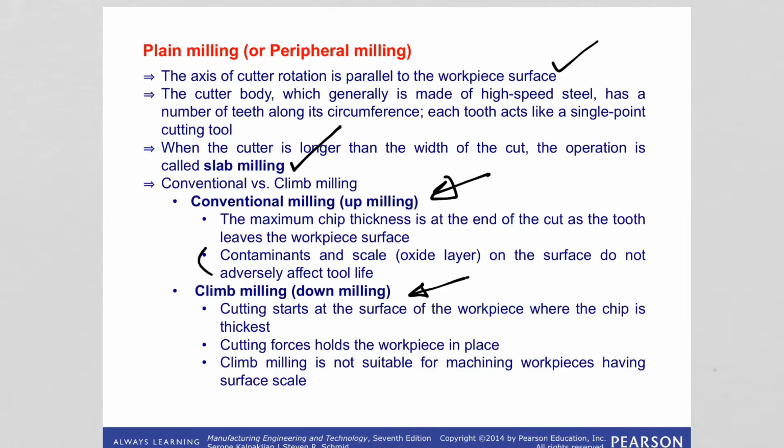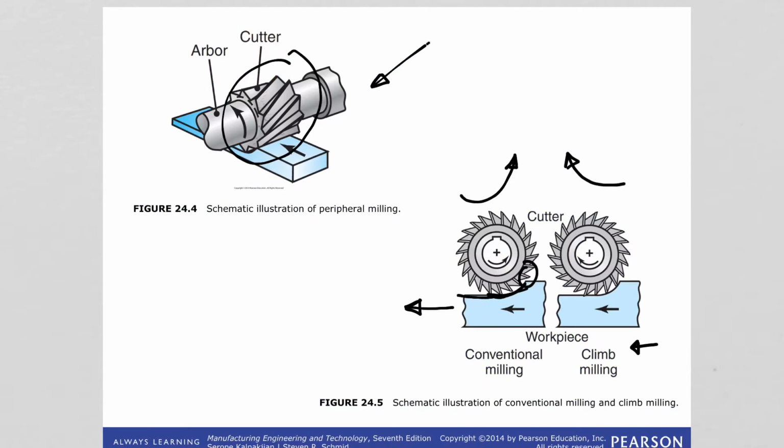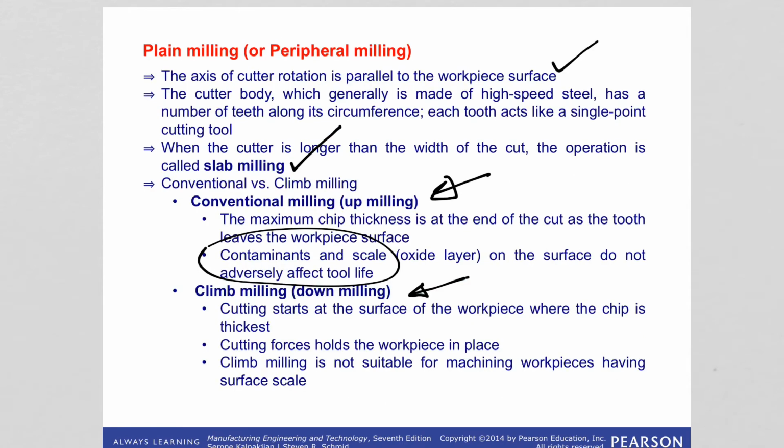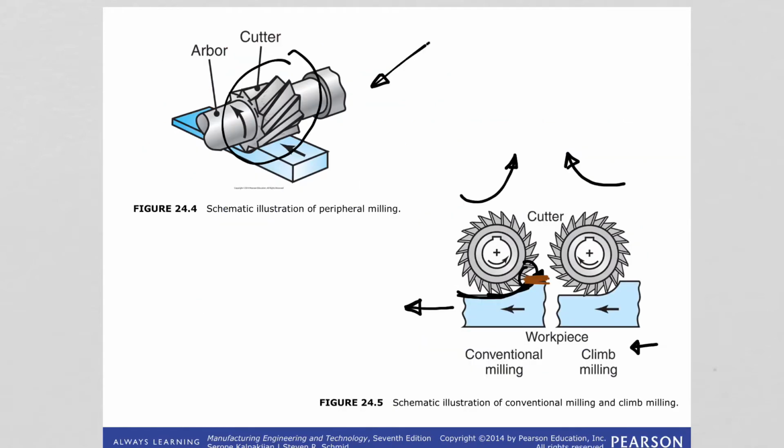And as you can see here, as the cutting operation begins it goes down, right, like this, and goes up, right? And we know the oxide scales are on top of the workpiece. Therefore, contaminants on the surface, scales like oxide layers, don't affect the tool life adversely, because first we are coming into contact with the workpiece in these regions, okay, where there is no oxide layer.